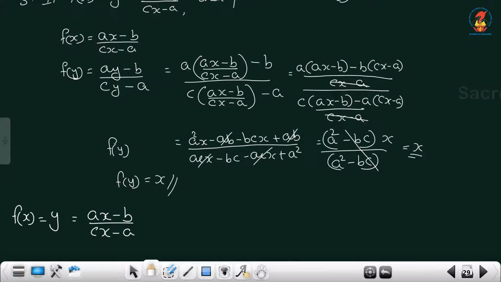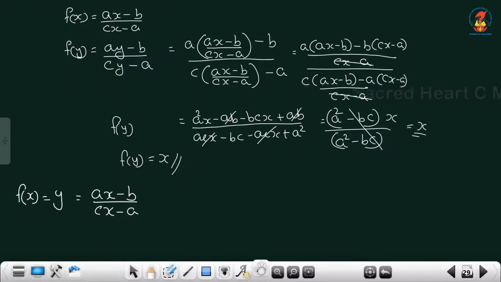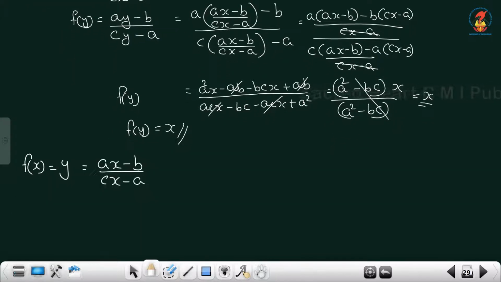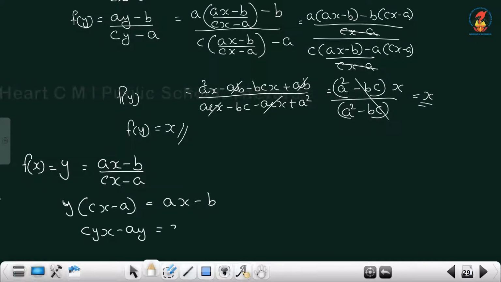From this we can find x. That is, using these two we can find x. That is cross multiply. So y into (cx minus a) is equal to ax minus b. Open the bracket. cyx minus ay is equal to ax minus b.